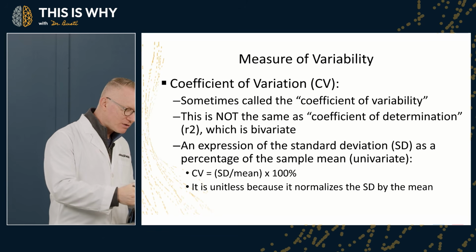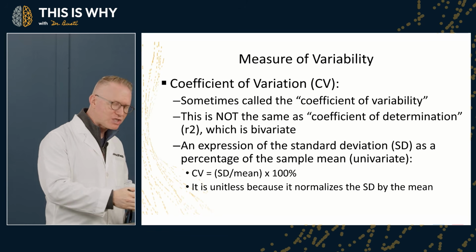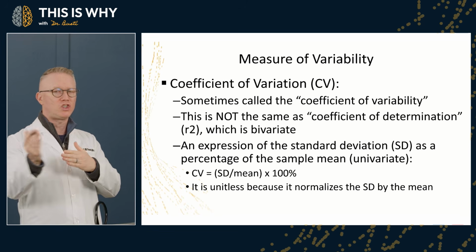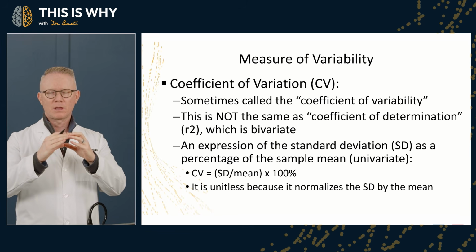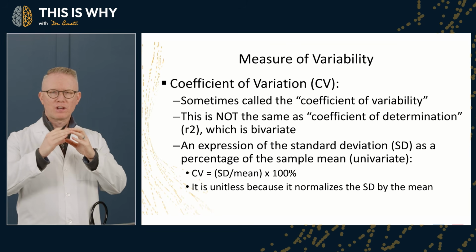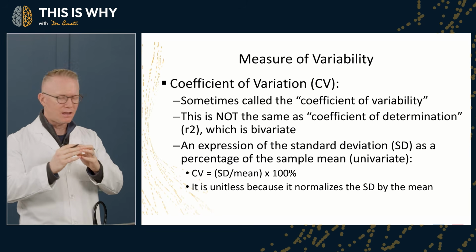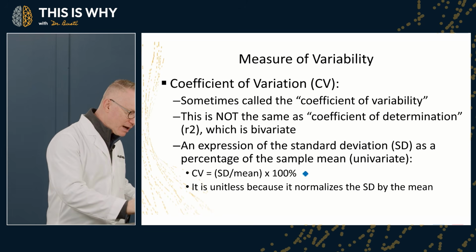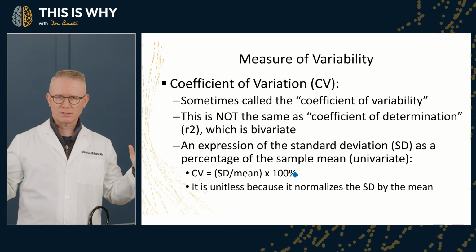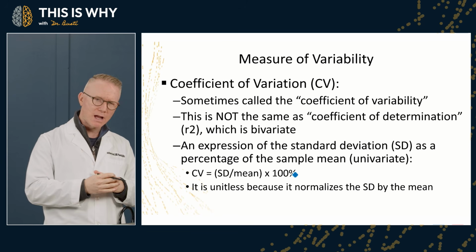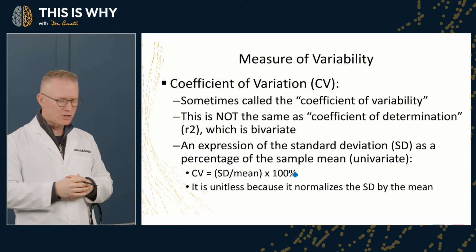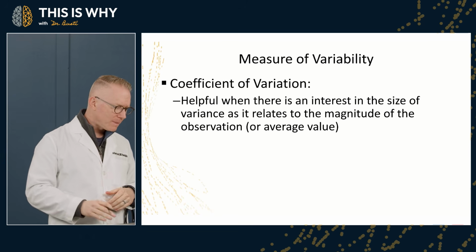So an expression of standard deviation is really a percentage of the sample mean. It's univariate. It's around the one sample, okay? And the coefficient of variation, or CV, can be calculated with this formula, okay? It's unitless, but it helps to normalize the standard deviation by the mean.